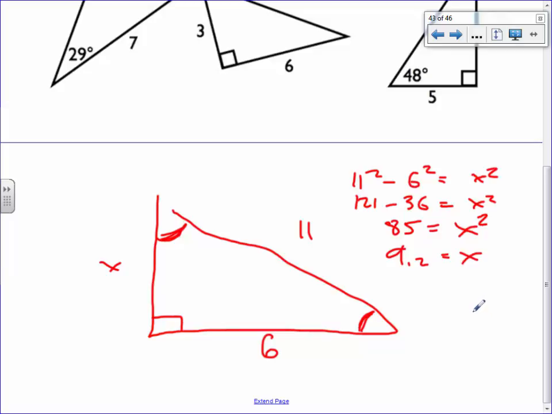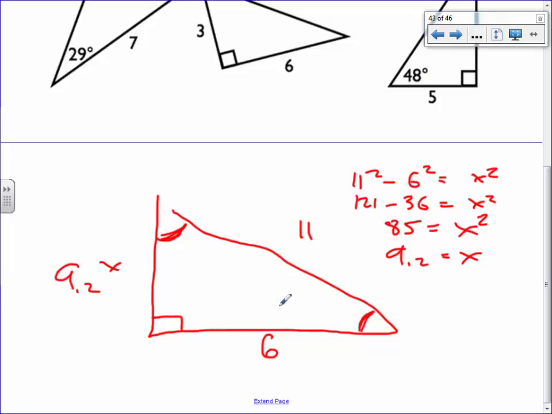Because when you round, sometimes when you use the number later and later, it causes little micro errors over time. I'll usually give you a little bit of leeway. So maybe I could let you get away with 9.3 or 9.1, depending on how rounding works. So, okay, we got this side right here, 9.2.